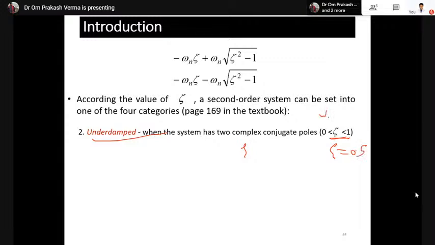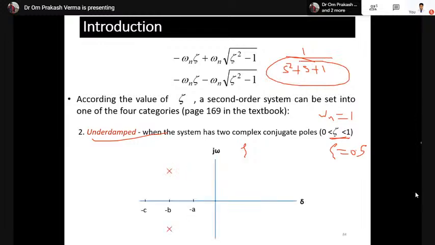Since omega n we have fixed as 1, what is the transfer function? 1 upon s square plus 2 zeta, 2 times zeta becomes 1, s plus 1. So when you solve this equation, you get this type of complex conjugate poles.